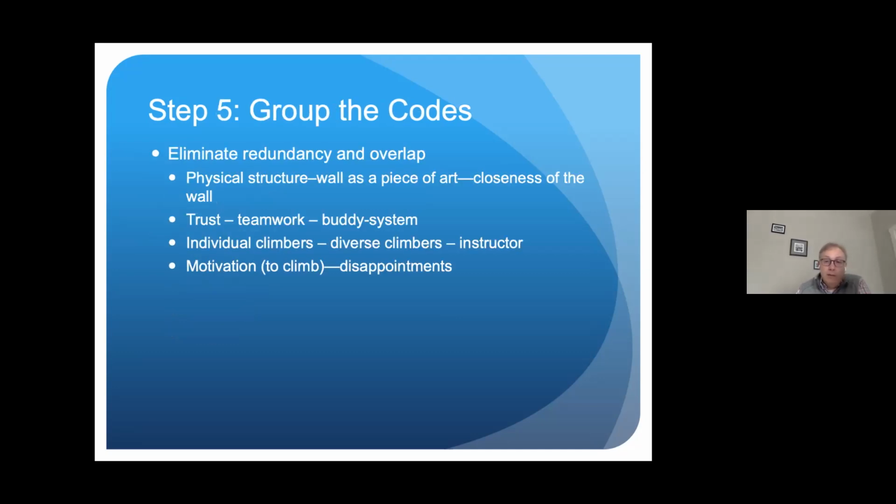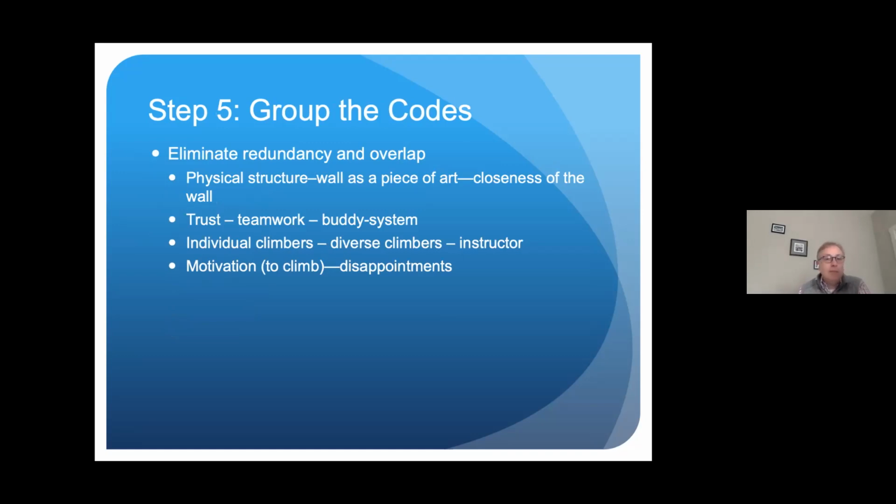After you have the code book and you've applied the codes to your data, it's okay to add new codes as you're coding more transcripts. I will say though, if you add new codes, you need to go back to those other transcripts and make sure that you haven't missed cases where you should add that new code.